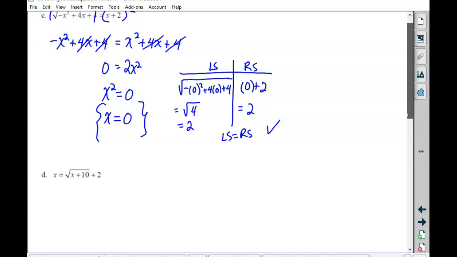Next one, there's one radical term, so we need to get the radical term by itself. So we're going to subtract 2. So this will be x minus 2 equals root of x plus 10. Square both sides. Solve for x. Really what you want, another way of verifying, is to look at the values of x that are defined in the equation.